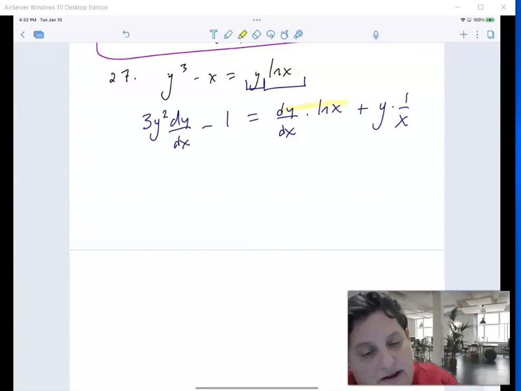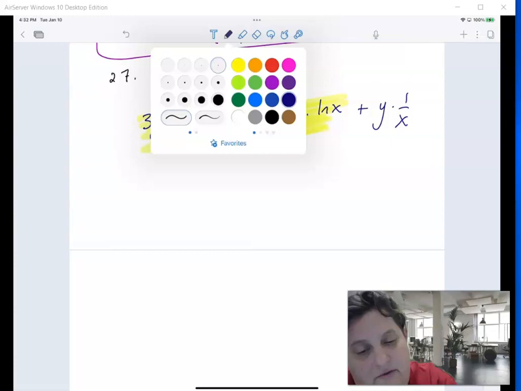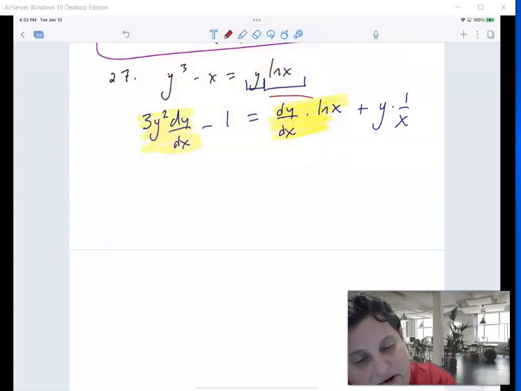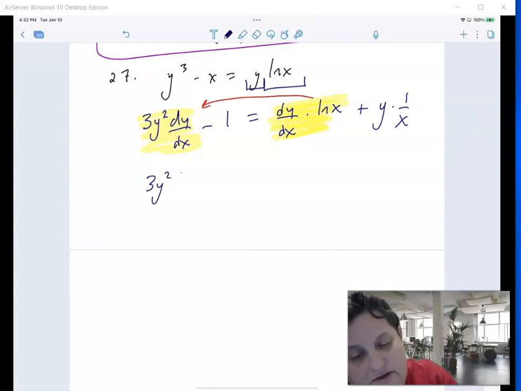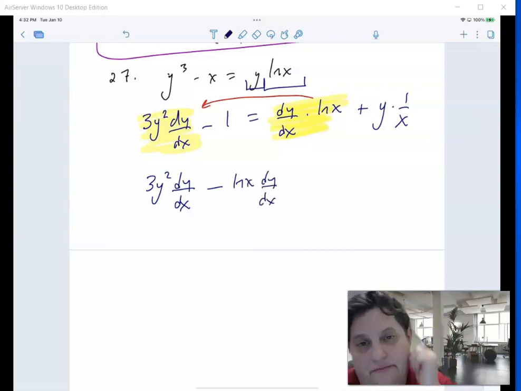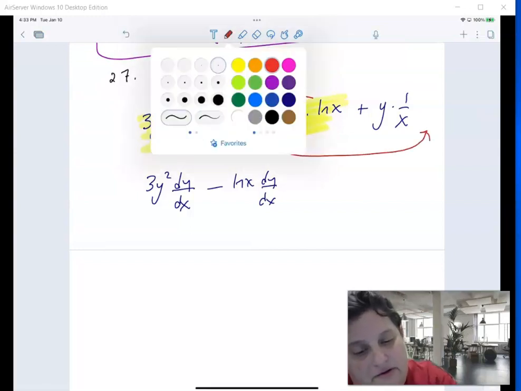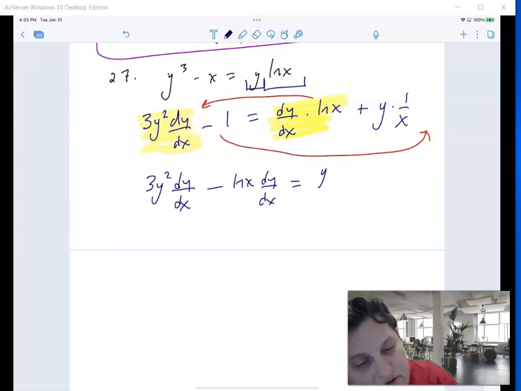Now, I do need to get my dy dx's on the same side and everything else on the other side. So I think I'm going to go ahead and subtract this over. So it will say 3y squared dy dx minus ln x dy dx. Okay? And then I'm going to go ahead and add this over here. So that's going to say equals y over x plus 1.